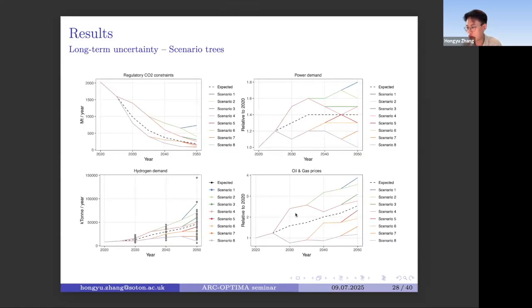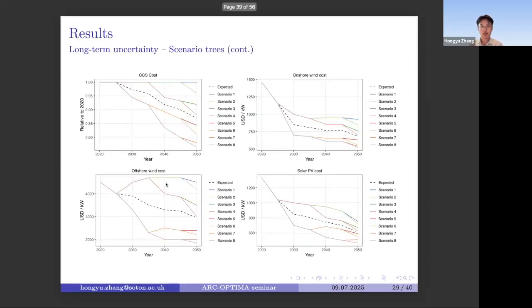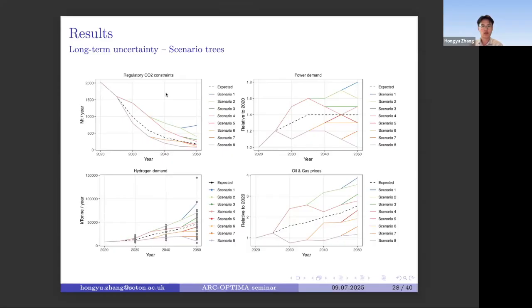So now let's move to long-term uncertainty. Here we consider, I think, in total 8 different long-term uncertain parameters. 3 of them are right-hand side: the CO2 limits, power demand scaling, and hydrogen demand scaling.